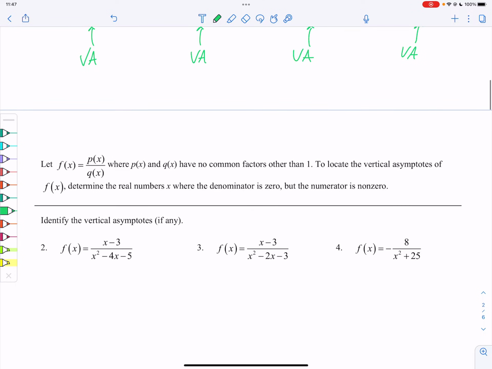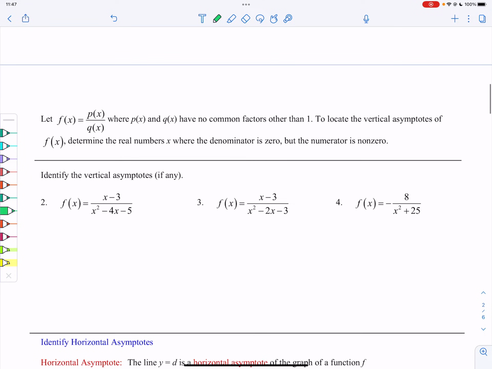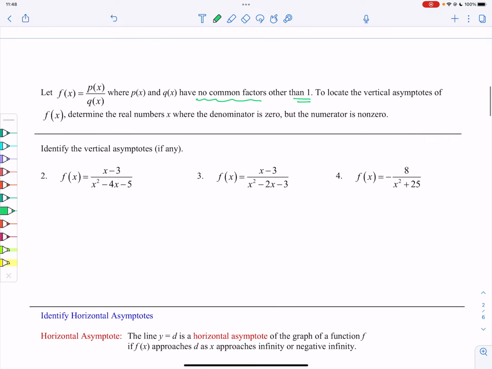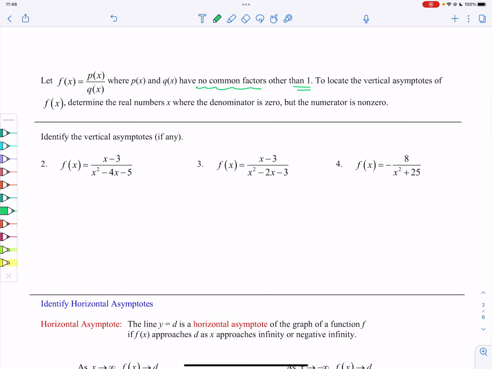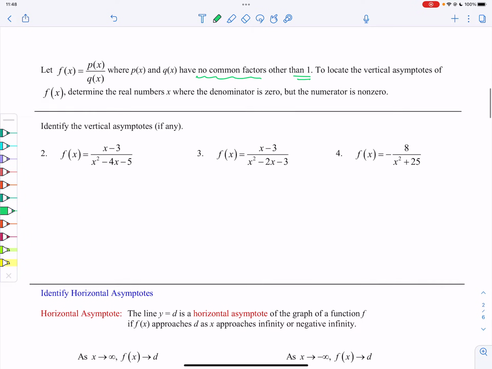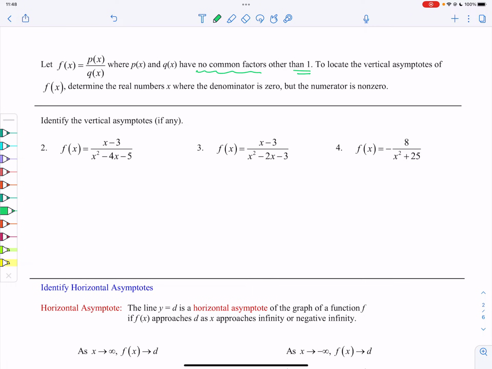Let f of x be a quotient of polynomials p of x and q of x that have no common factors other than 1. To locate the vertical asymptotes of f of x, determine the real numbers x where the denominator is equal to 0, but the numerator is non-zero.